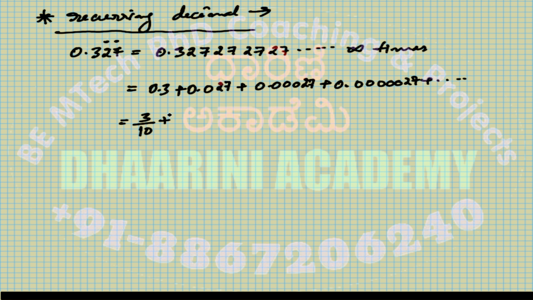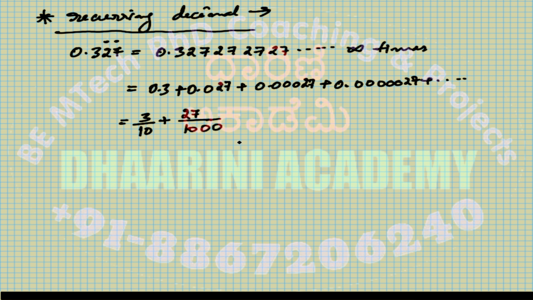The second term onwards, I have to convert this into a GP, right? So how to convert that? Let me take the first number out. The first number is nothing but 27 divided by 1000. This is my first term.